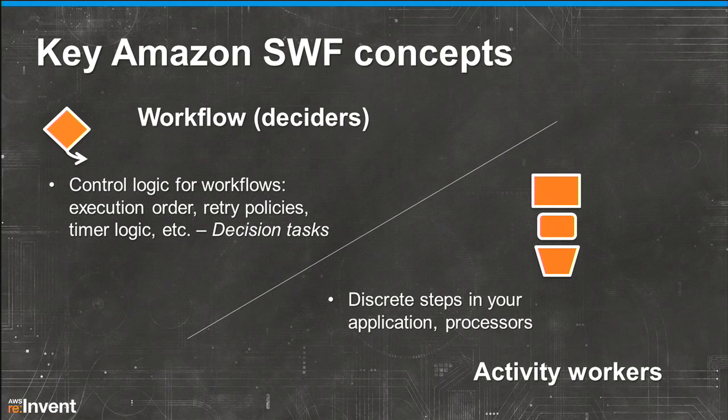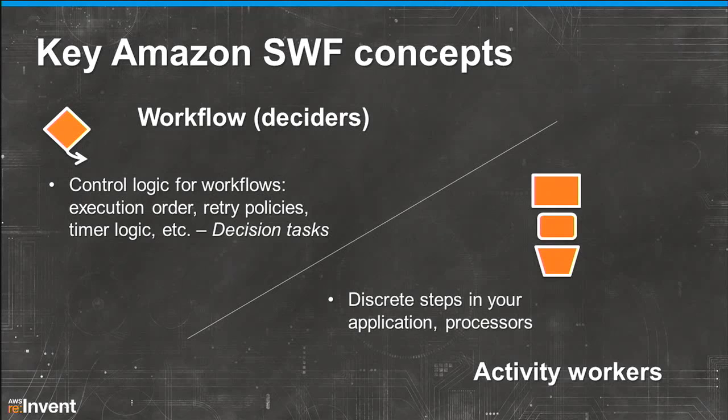So our customers today will talk about their use cases. There are a couple of key Simple Workflow concepts that I'd like to share with you so that you can relate to what they are going to present. One is this concept of a decider. In Simple Workflow, a decider is the control logic that you write for your application. It's your secret sauce. It's the magic that makes your stepwise application go, whether it's sequential or parallel.